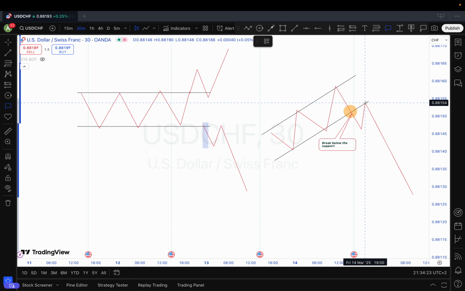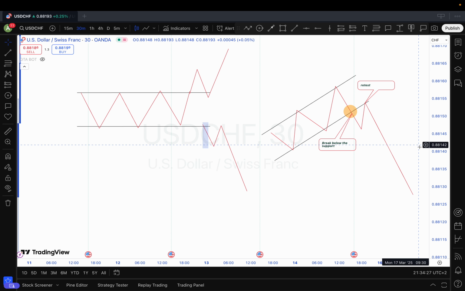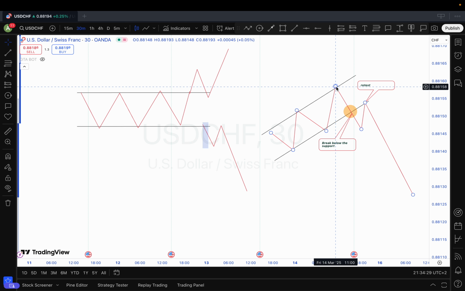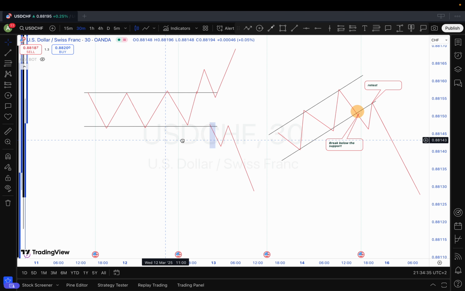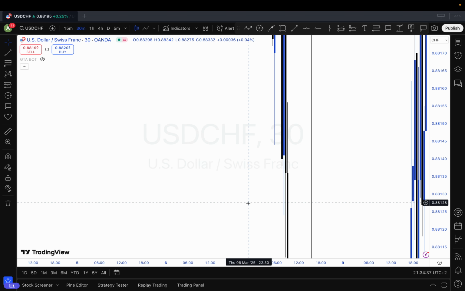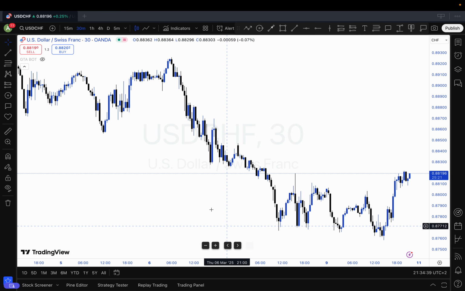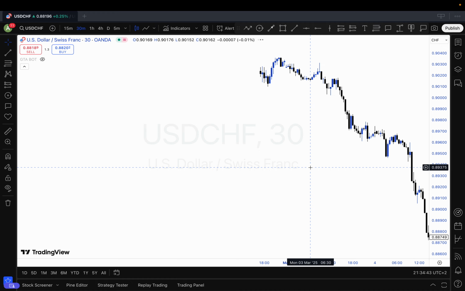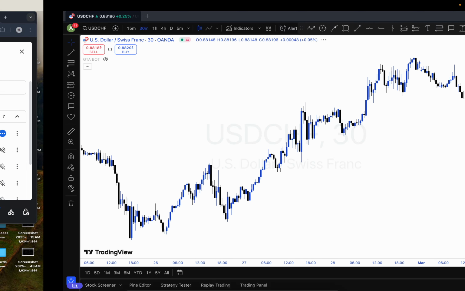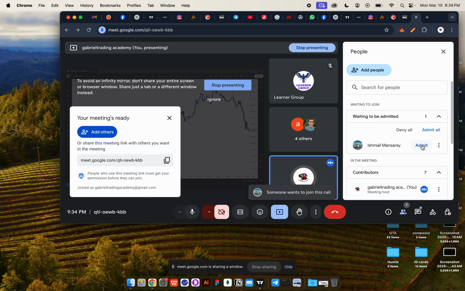We have this to be the retest, and then we are selling to the downside. So this is a very good opportunity in the market, even for the downtrend analysis as well. So let's check our chart and let's find the opportunity for a breakout and a retest.